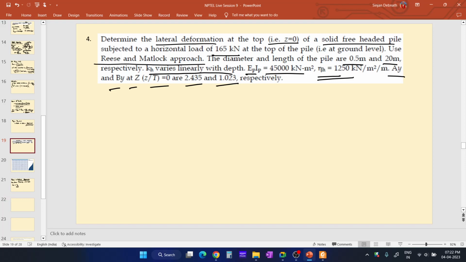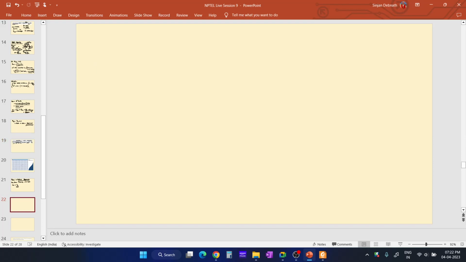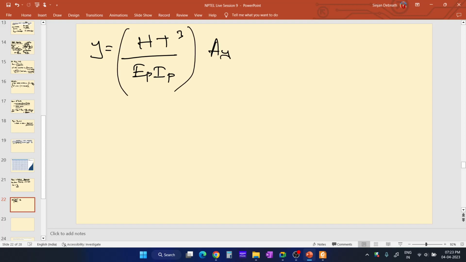Before solving, in the problem we have been asked to find the lateral deformation. For lateral deformation due to the horizontal load H, there is an equation given by Reese and Matlock: y equals H T cube divided by EpIp, into AY. AY is the coefficient. This equation is for horizontal load.